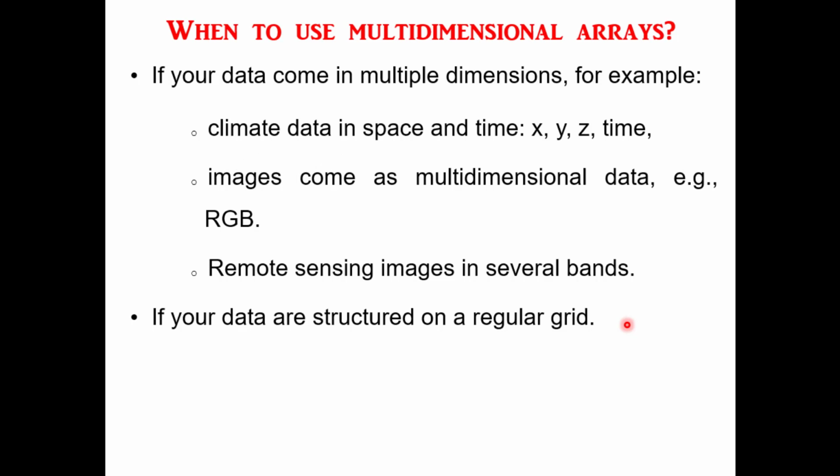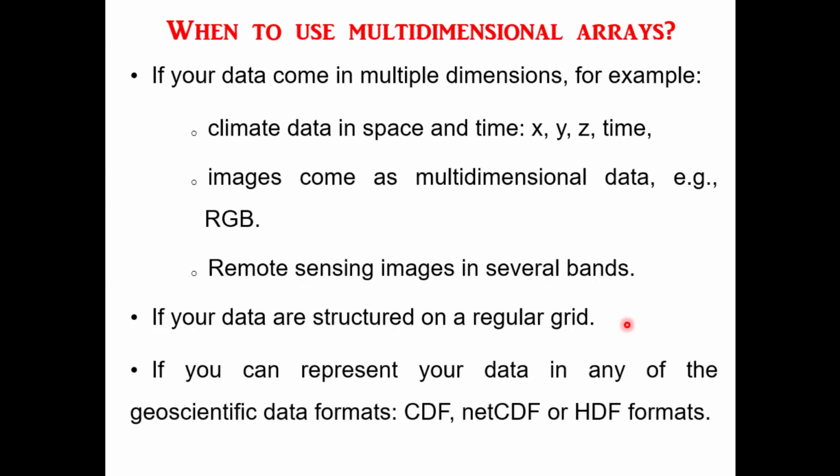If your data are structured on a regular grid, you can also apply the concept of multidimensional array. And thirdly, if you can represent your data in any of the geoscientific data formats, such as CDF, NetCDF, or HDF format, then you can apply the concept of multidimensional array.